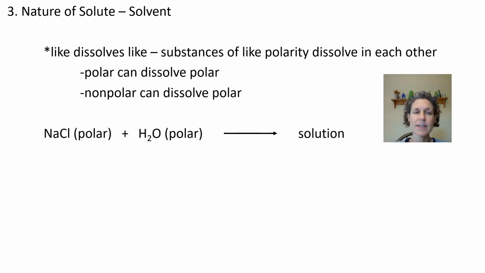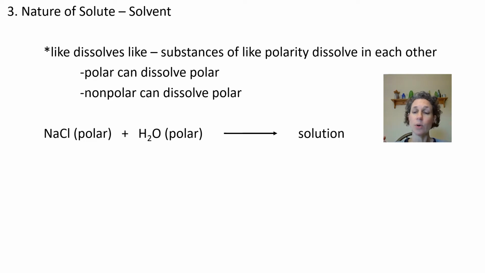Okay, last thing that affects if a solution will form is the nature of the solute and the solvent. The general rule of thumb is that like dissolves like. By that I mean that substances that have like polarities dissolve in each other. So something that is polar can dissolve something else that is polar, or something that is nonpolar can dissolve something that is nonpolar.